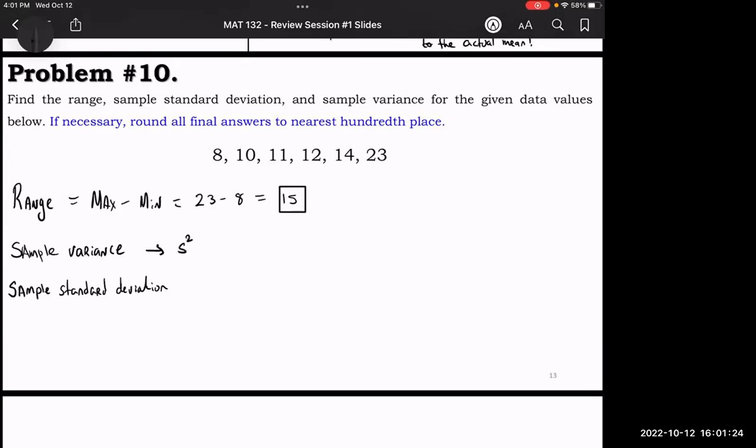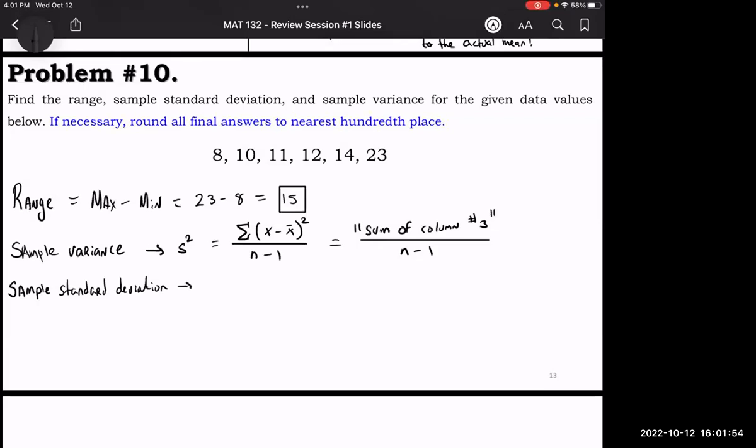And we say that S squared is equal to the sum of X minus the mean squared, all divided by N minus 1. How do I explain this to my grandma? Well, when I use a table, I'm going to say the sum of column 3 divided by N minus 1.